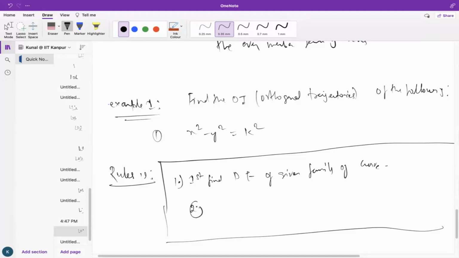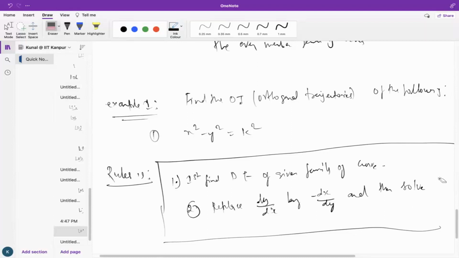Second, replace dy by dx with minus dx by dy, and then solve to get the orthogonal trajectory.